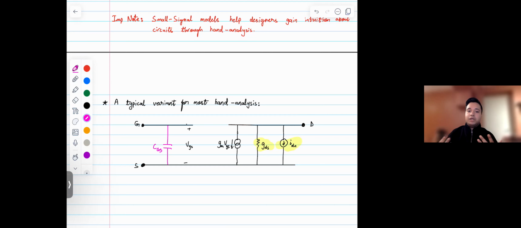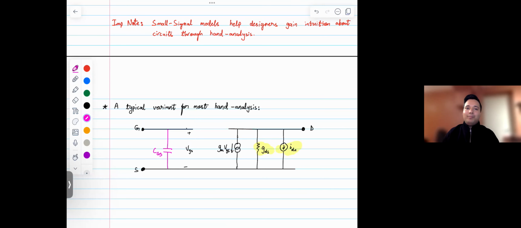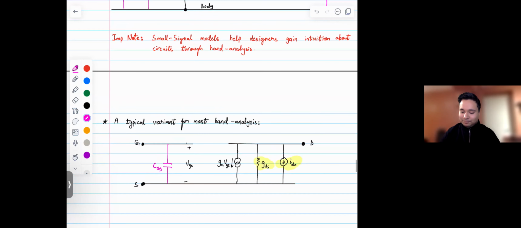If you want to take into account the short channel effect, or the channel length modulation, you include that. Being an analog designer, you build up this understanding of how much you want to include in your small signal model when you're doing your analysis, and that's part of perfecting your hand analysis skill, and part of the learning journey for me as well, right?